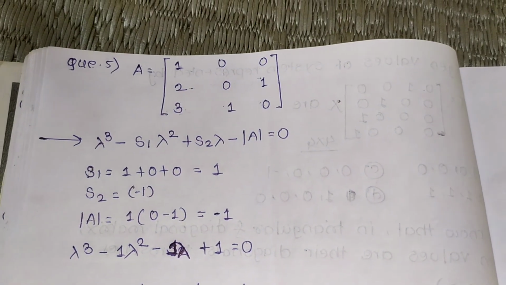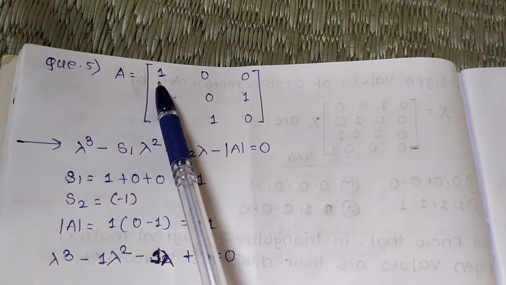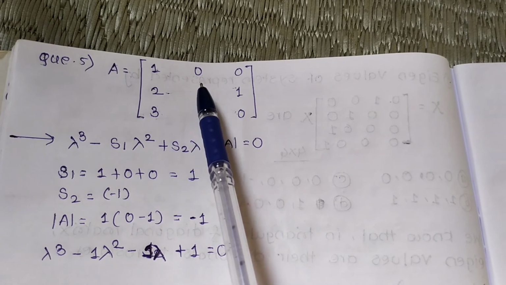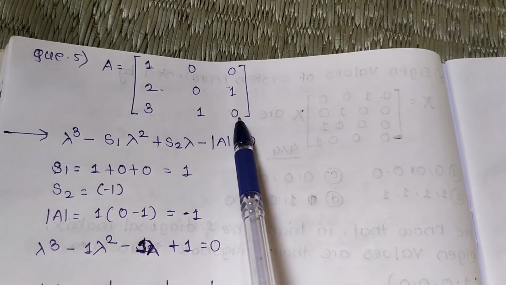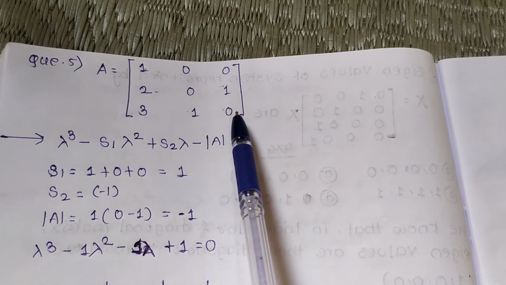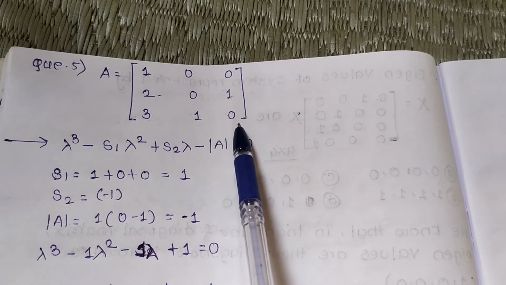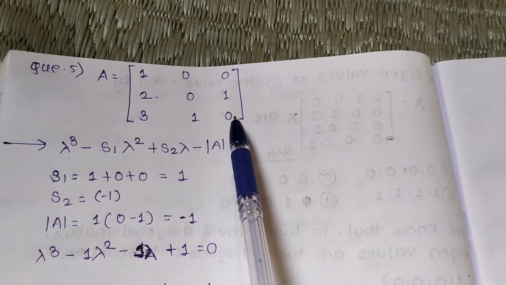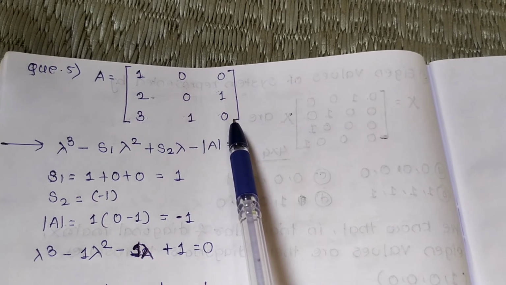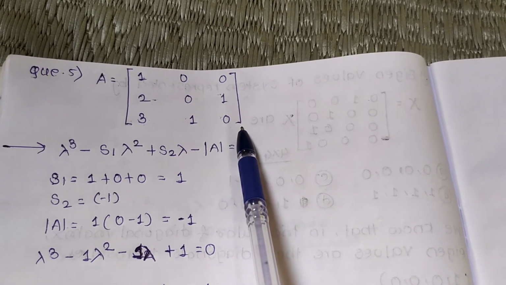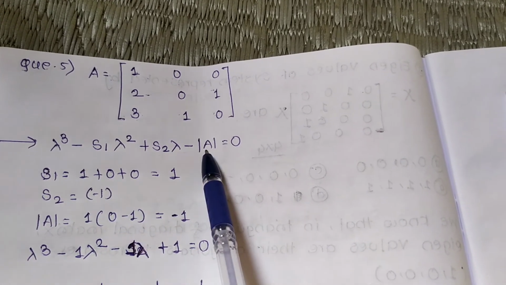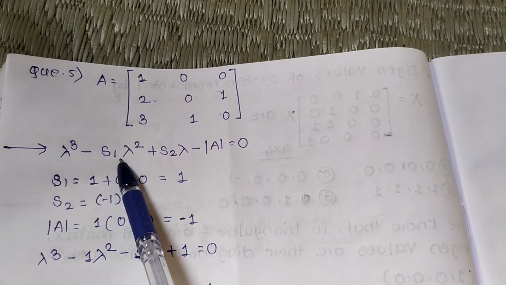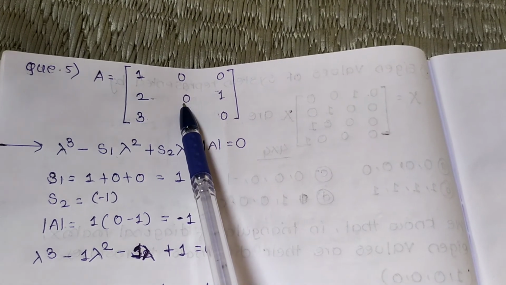Last example: 1 0 0, 2 0 1, 3 1 0. This is a 3 by 3 matrix, hence start from lambda cube: lambda cube minus S1 lambda square plus S2 lambda minus determinant of A. The formula: S1 is the sum of diagonal elements, 1 plus 0 plus 0, 1.